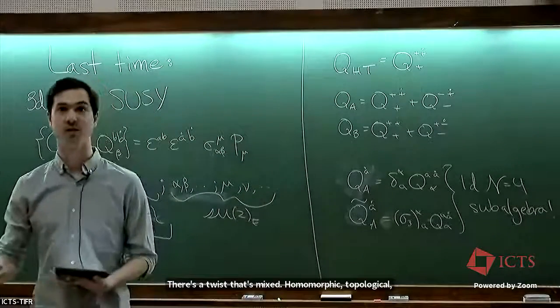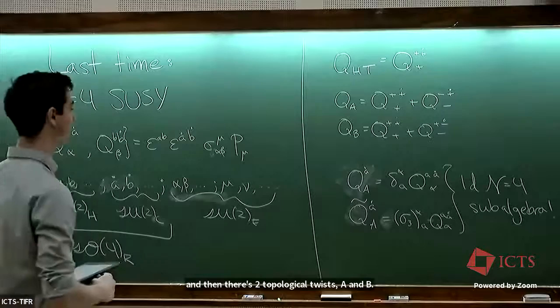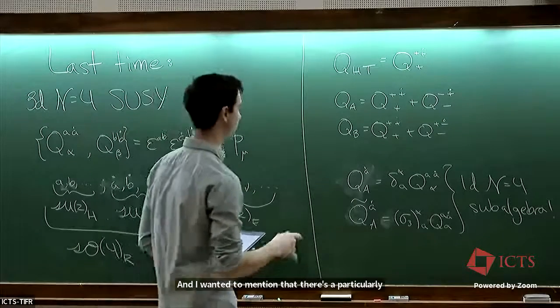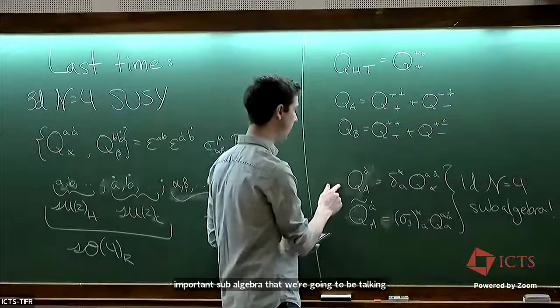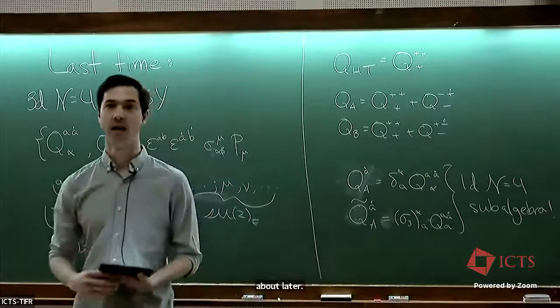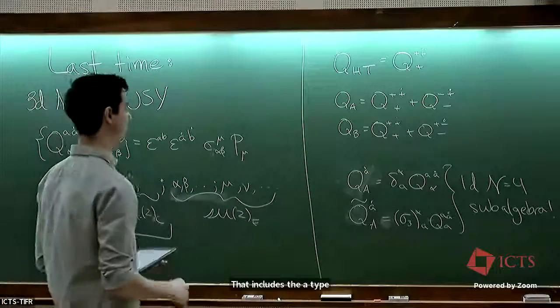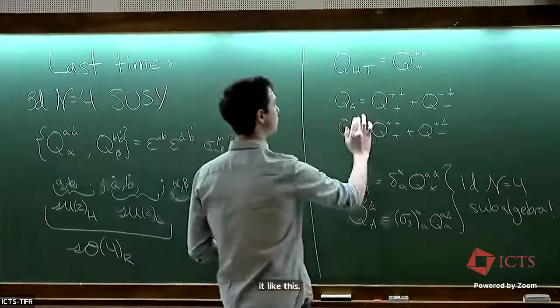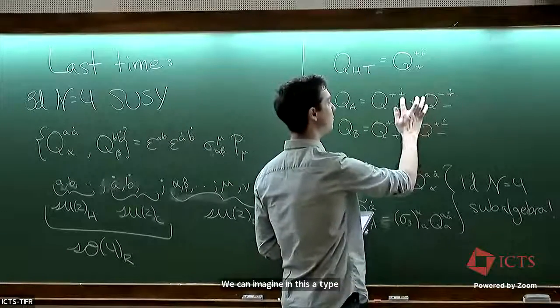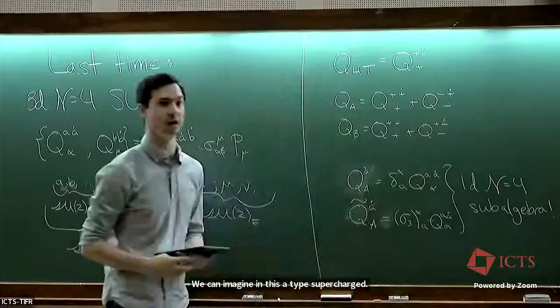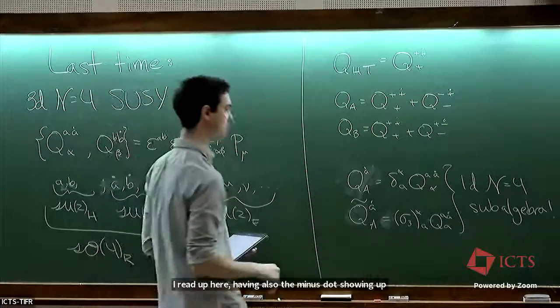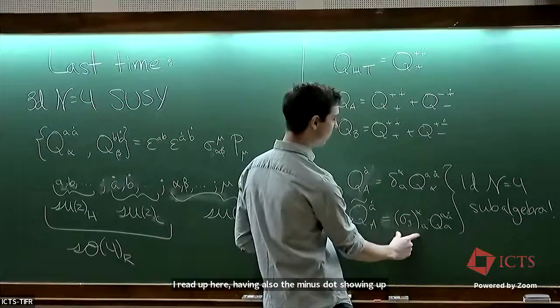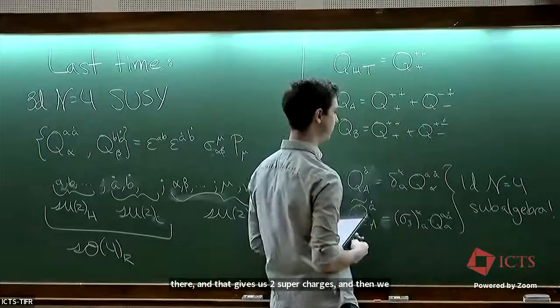I wanted to mention that there's a particularly important subalgebra that we're going to be talking about later that includes the A-type supercharge, and I've denoted it like this. We can imagine in this A-type supercharge I wrote up here, having also the minus dot showing up there. That gives us 2 supercharges. And then we can also look at the difference of the 2.